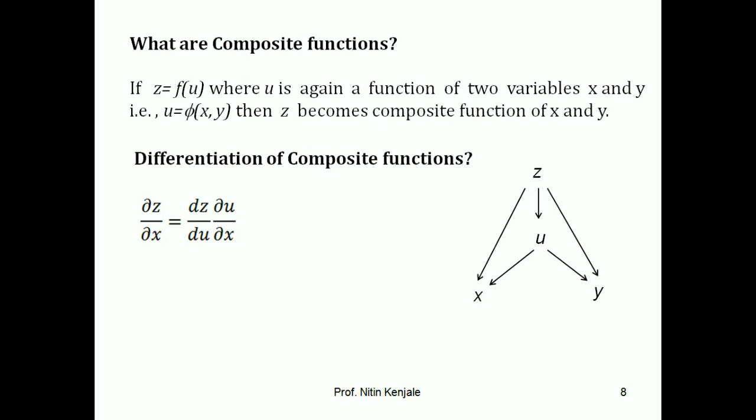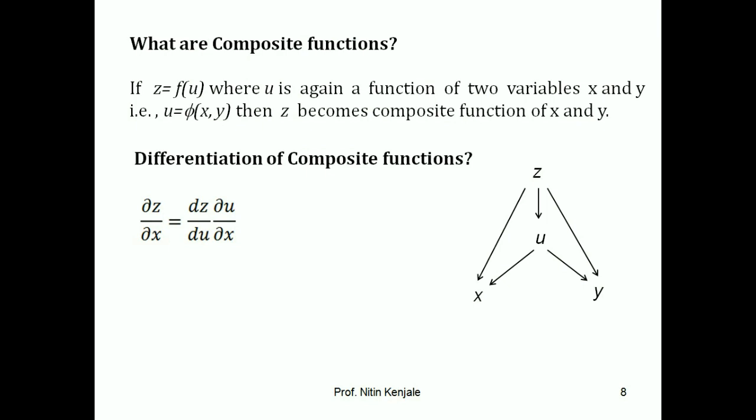When we say that z is a function of x and y, as it is a function of two variables, its differentiation with respect to x or y is partial, and when we say that z is a function of u, as a function of one variable, its differentiation with respect to u is ordinary.